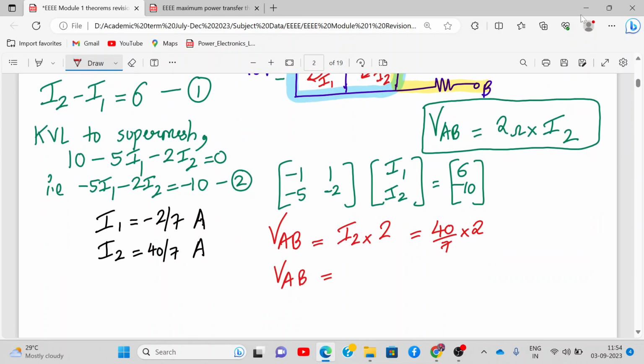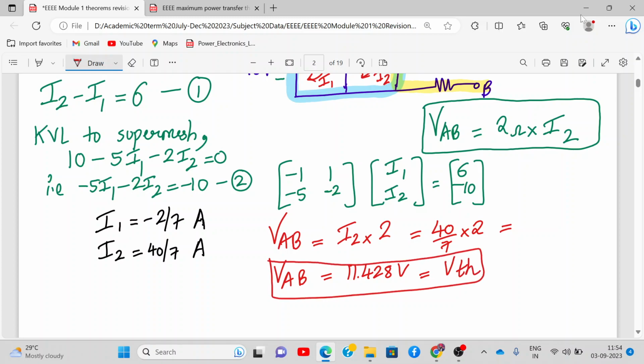So how much is 80 by 7? 11.428. Yes, that's the value of VTH. This is VAB, nothing but VTH. Please complete till here.